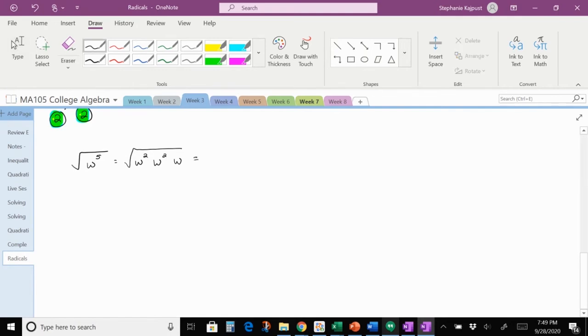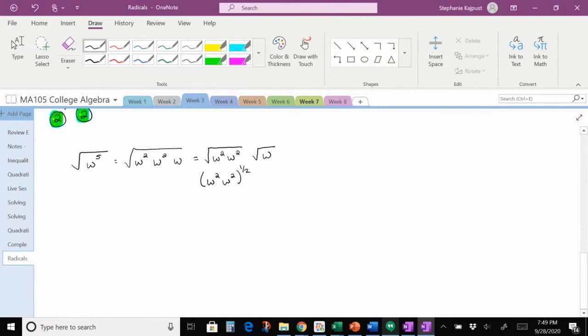It's the same rules as before. I didn't have to do any prime factorization here. I'm going to put everything that has the exponent of 2 together, and then everything without the exponent of 2 is separate. Again, the square root is a 1/2 power.